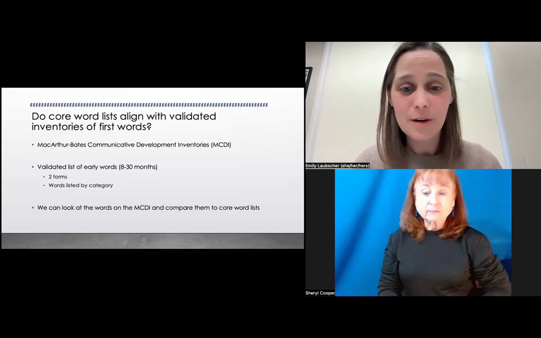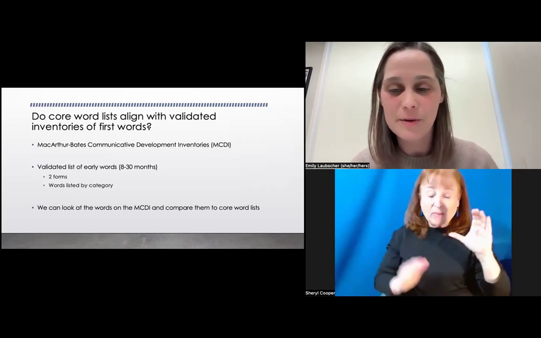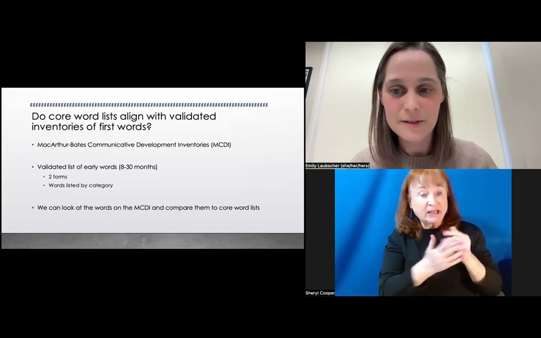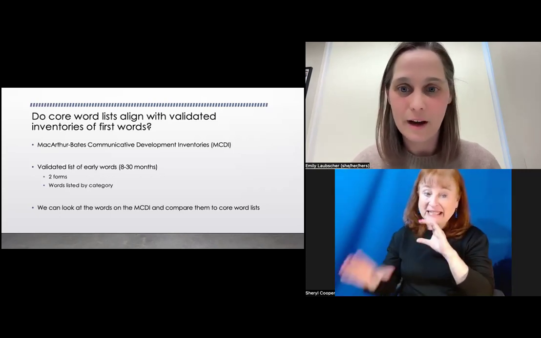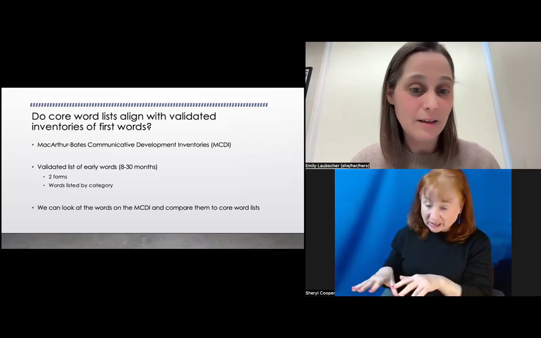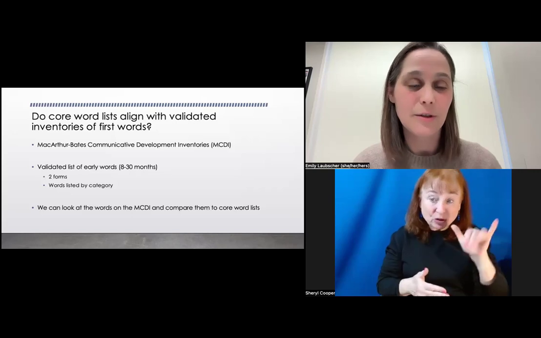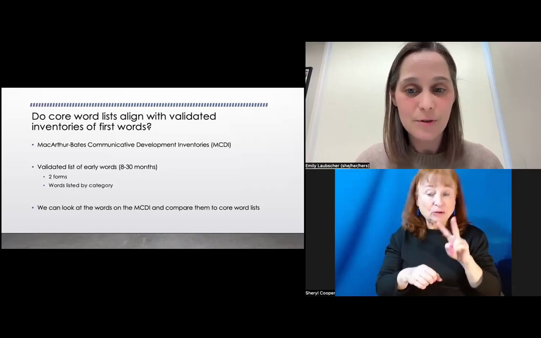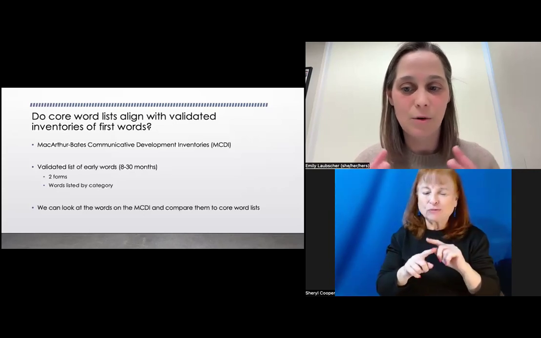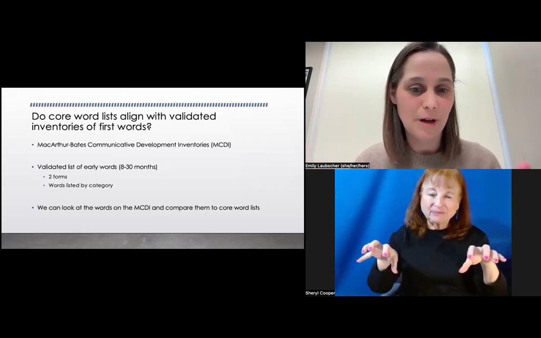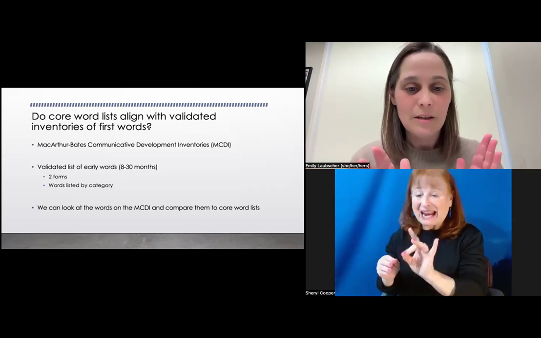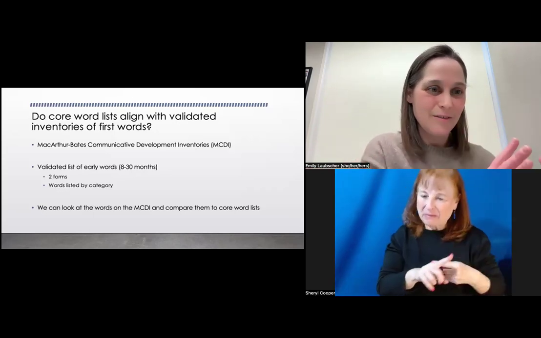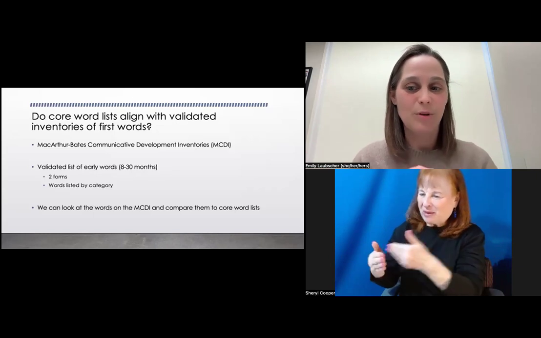I chose to compare core word lists to the MacArthur-Bates Communicative Development Inventories, or the MCDI. This is a validated inventory of early language, including vocabulary. It includes two forms for two different age groups, capturing an overall age range of 8 to 30 months. There's a form for the earlier half of that range, and then a separate form for the later half.